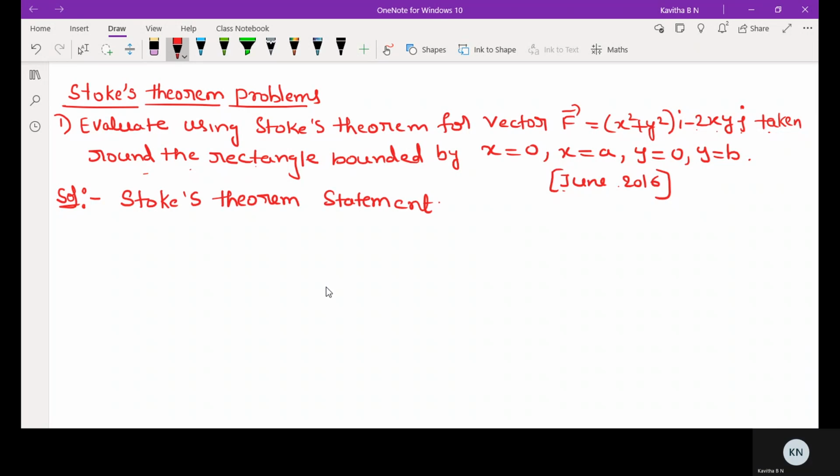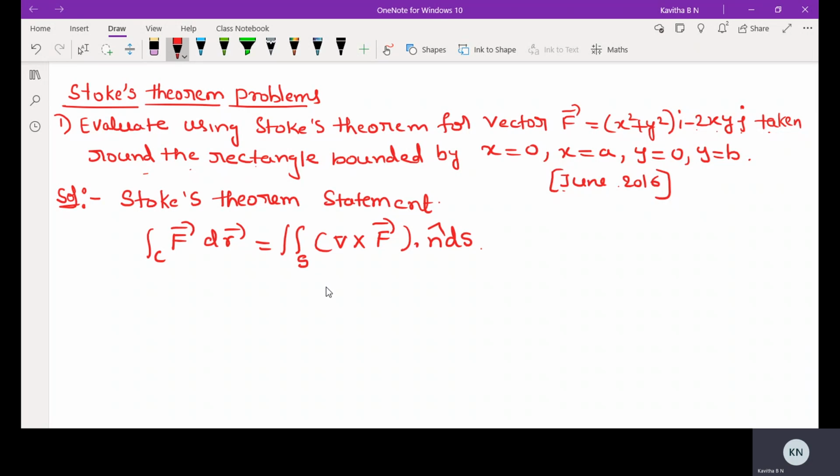Then the integral over C of F vector dot dr vector is equal to the double integral over S of nabla cross F vector dot n cap dS.